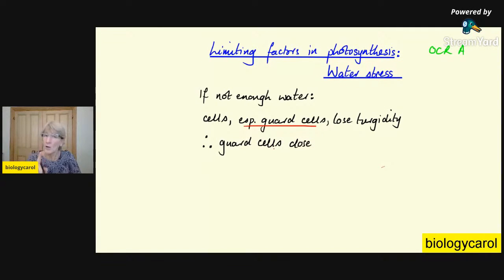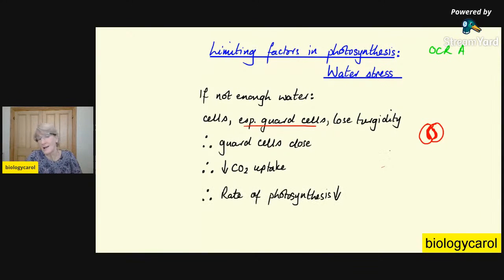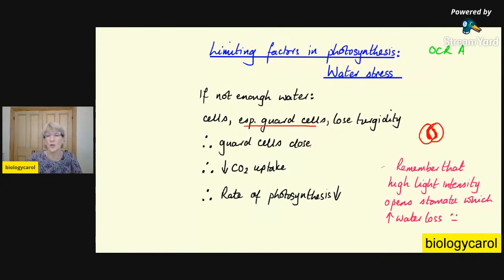And therefore, because of the particular shape of guard cells, because they're kind of like two bananas joined together, they're thickened on this edge. That is their adaptation. And therefore, when they lose turgidity, they close. And as a result of that, there is a decreased CO2 uptake because less gas exchange can occur. And as a result of that, photosynthesis decreases significantly. I hope that is relatively straightforward in terms of the logic.